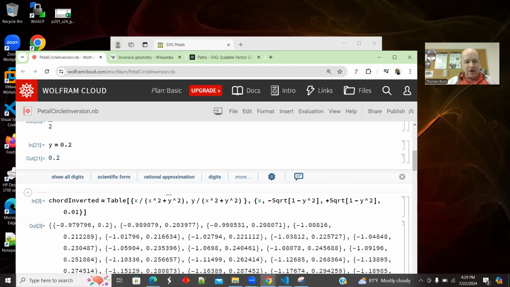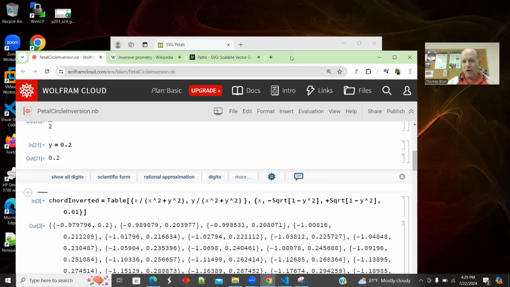I want to go, so I'm making a table here. I'm working with a unit square. I'm going from x's, this square root of 1 minus y squared. That's the x within the circle. That's the value of x that can be at this y.